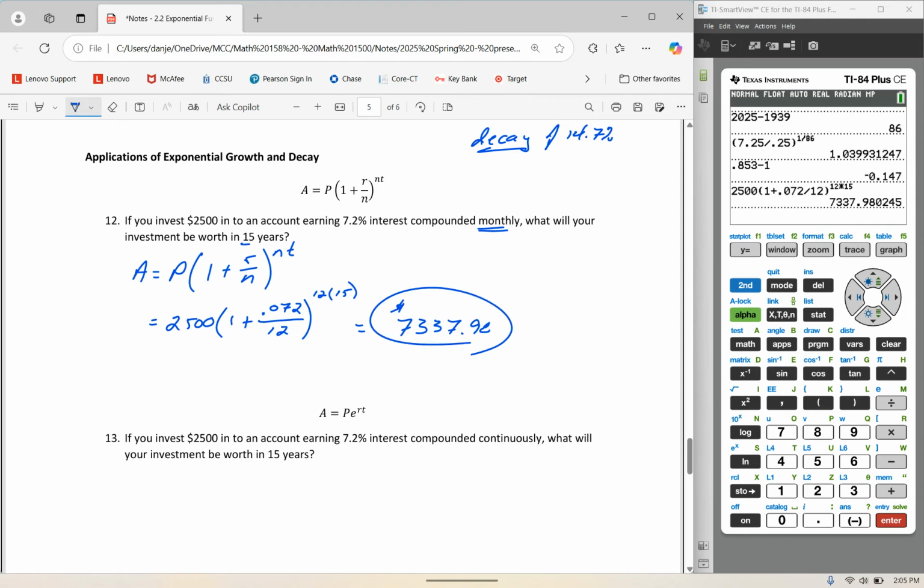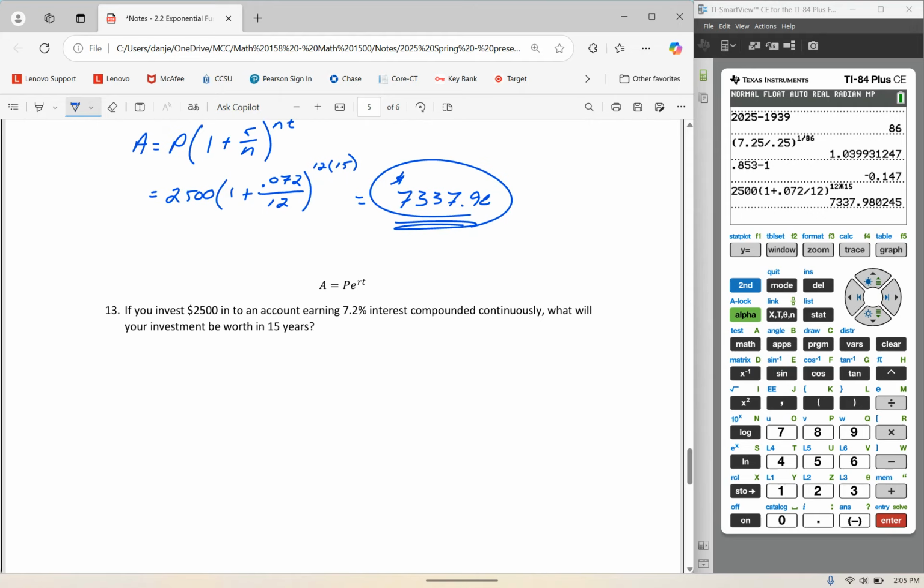So if I take $2,500 and put it into an account that pays 7.2% interest compounded monthly, at the end of 15 years my $2,500 will be $7,337.98.